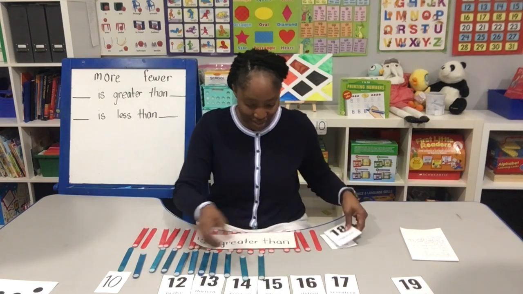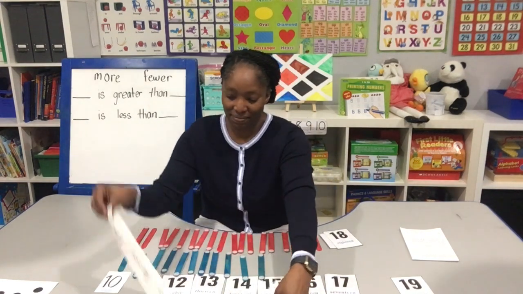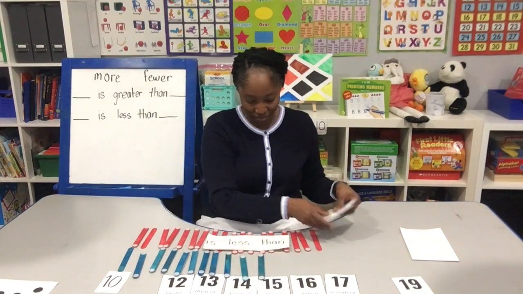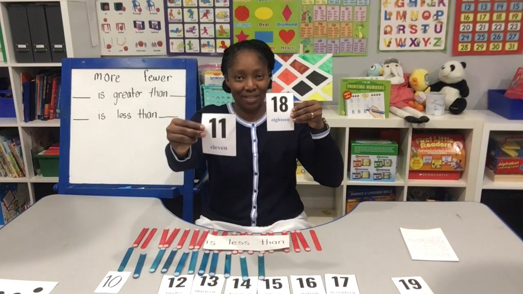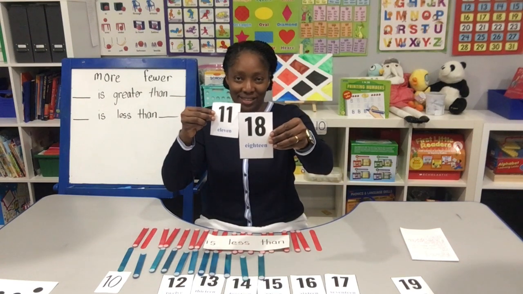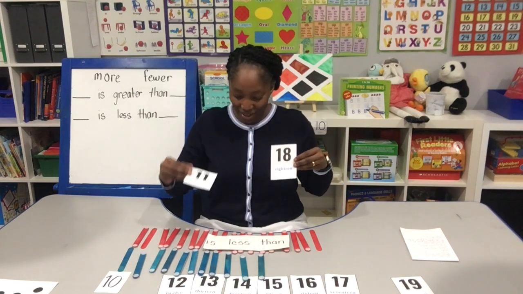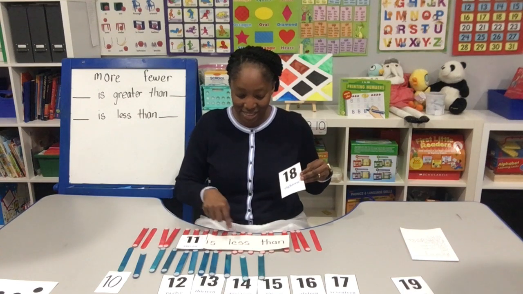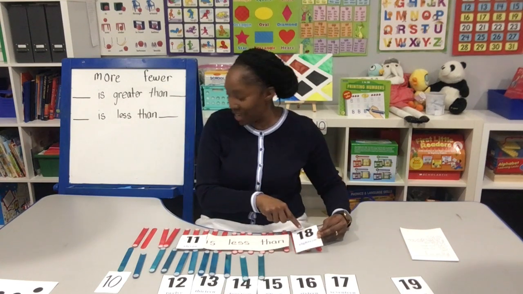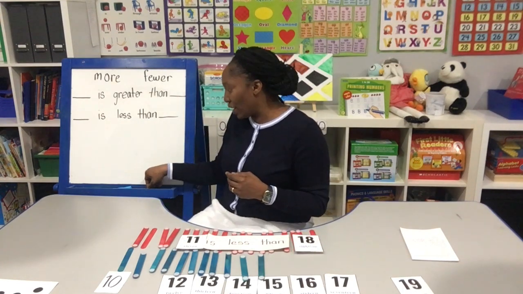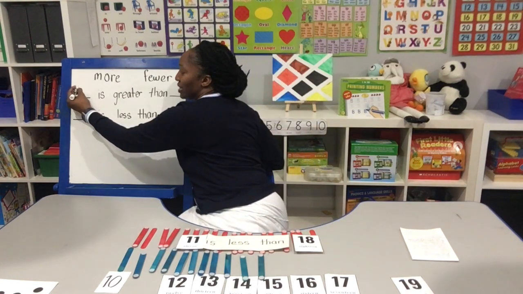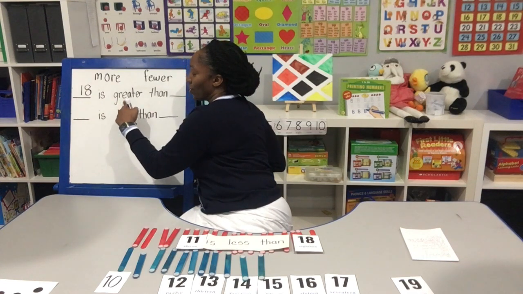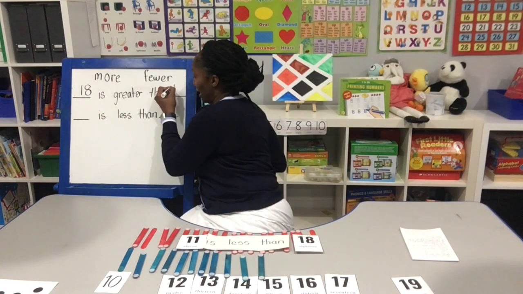Or I can say what number is less, 11 or 18? Yes, 11. 11 is less than 18. So going up here just to help us see it better, I can say 18 is greater than 11.